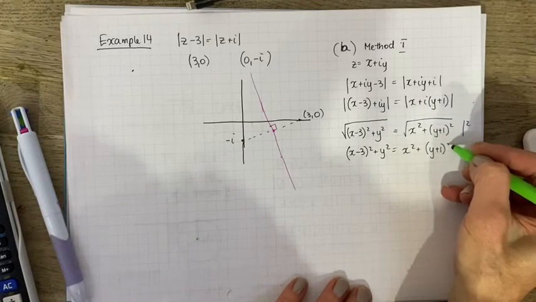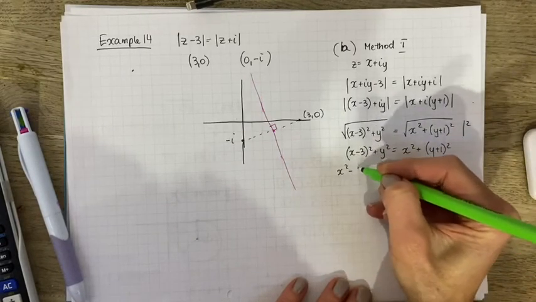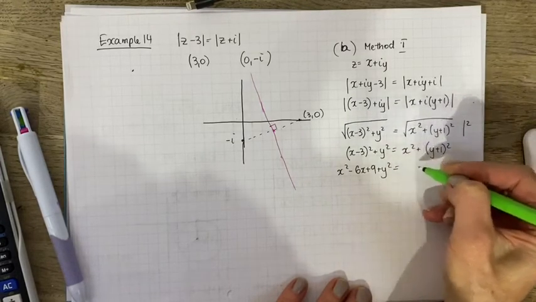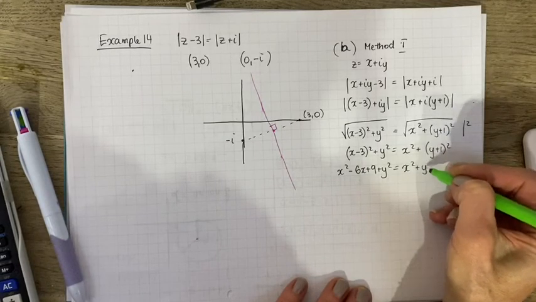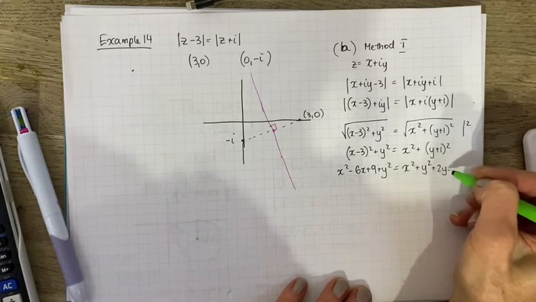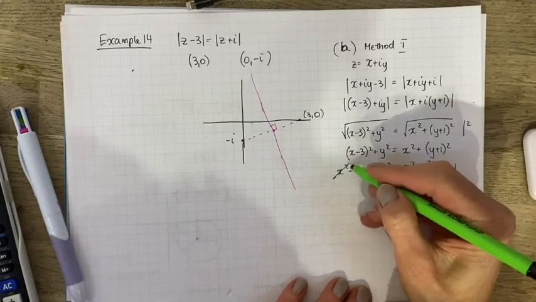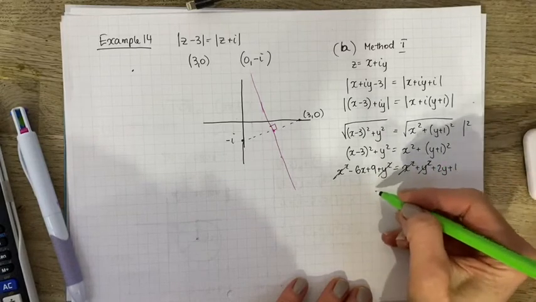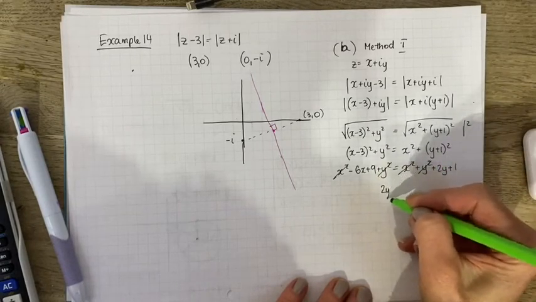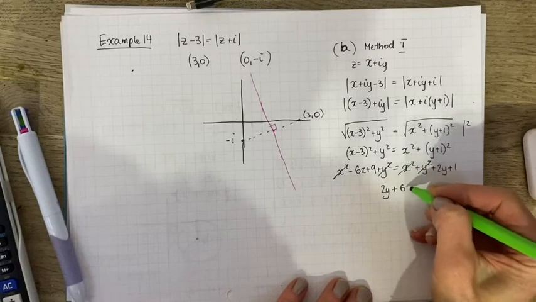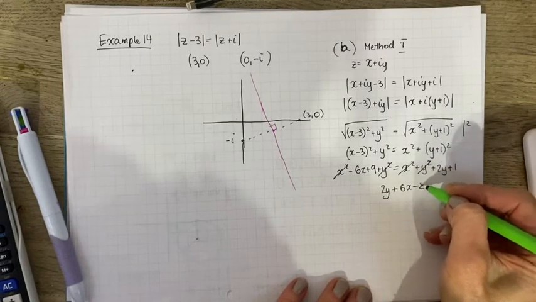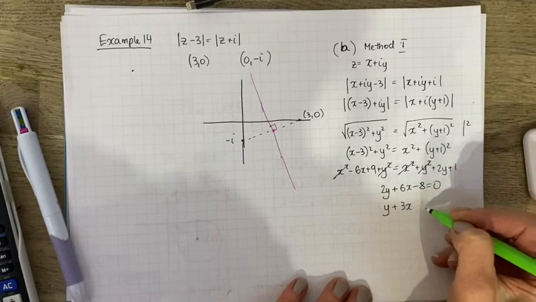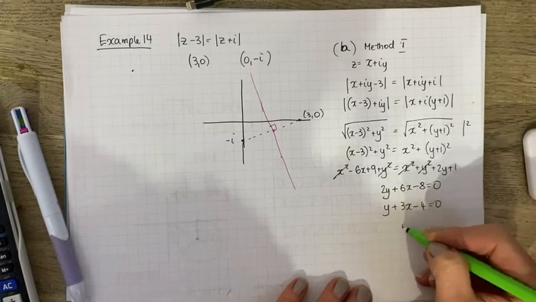Now we're just going to expand this. x squared minus 6x plus 9 plus y squared. And here I've got x squared plus y squared plus 2y plus 1. And you've got x squared on this side, x squared on that side, cancel. And you're left with 2y plus 6x minus 8 is equal to 0, which is y plus 3x minus 4 is equal to 0.